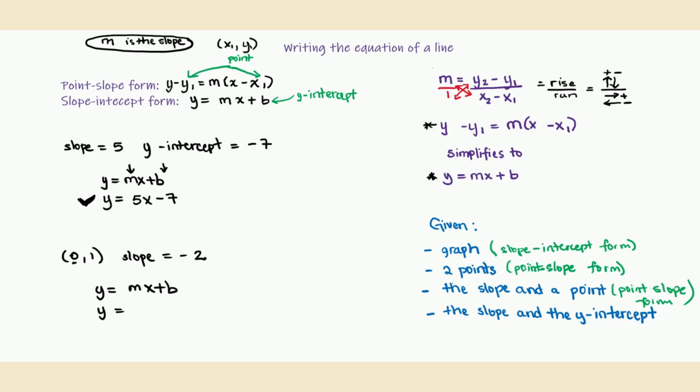So y equal m, which is -2, x plus b, which would be 1 in this case. So remember, if your x value is 0, your y value is actually the y-intercept because that is where the line will cross the y-axis. So you can simply just write out the equation. Or again, if you cannot recognize that, simply label it x1, y1, plug it into your point-slope form, and simplify to get your slope-intercept form.